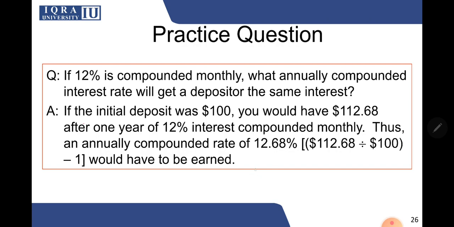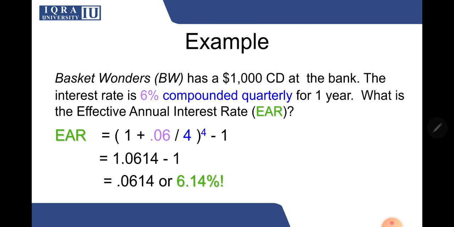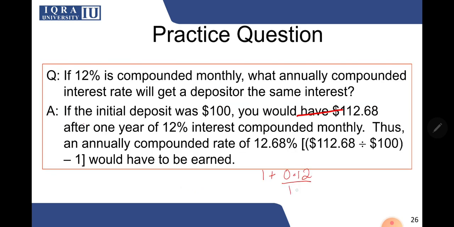So 1 plus, this is 12%, so 0.12, and then we have M of 12. And we have an M of 12 over here as well.